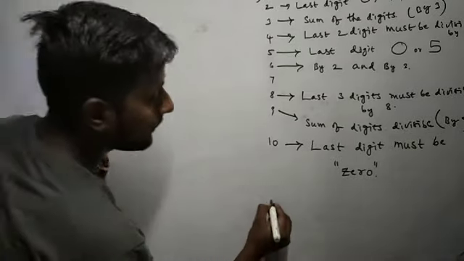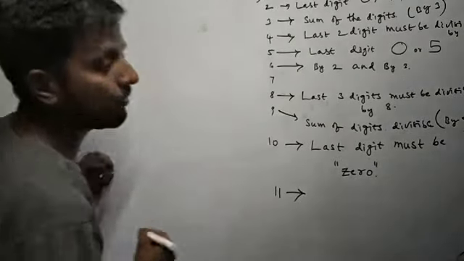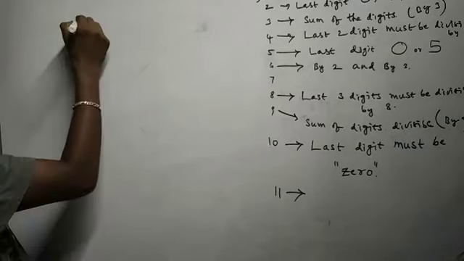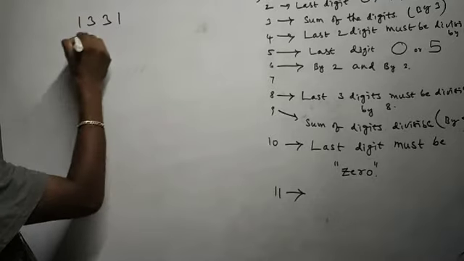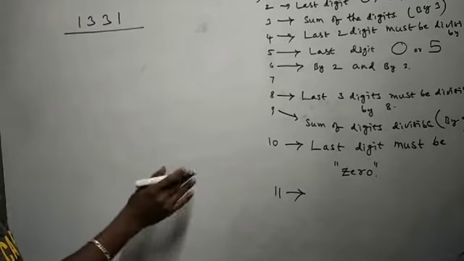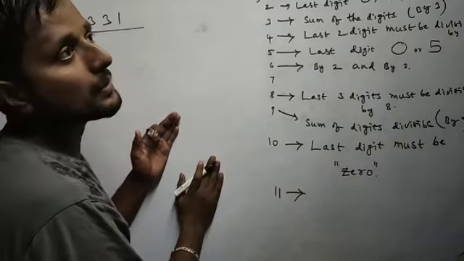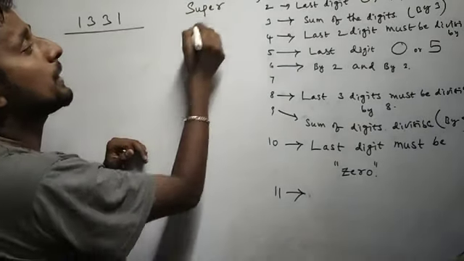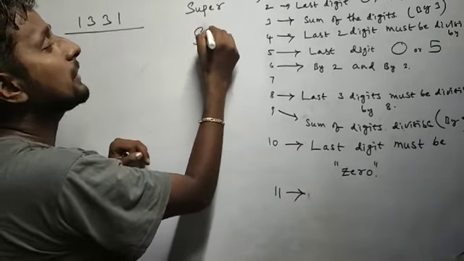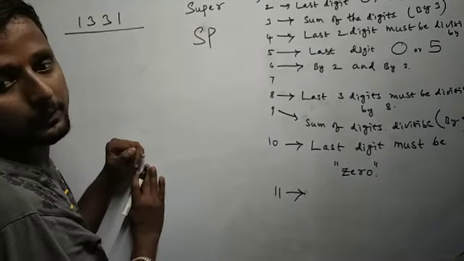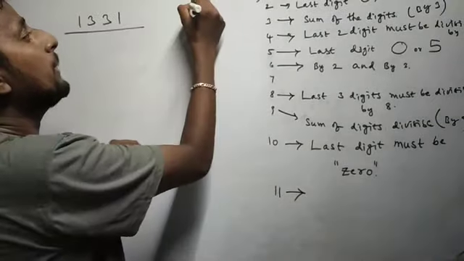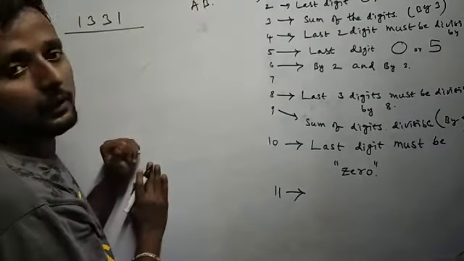What about 11? The divisibility rule for 11 is very hard to write and remember, so I'll say it in a simple manner. Take 1331.